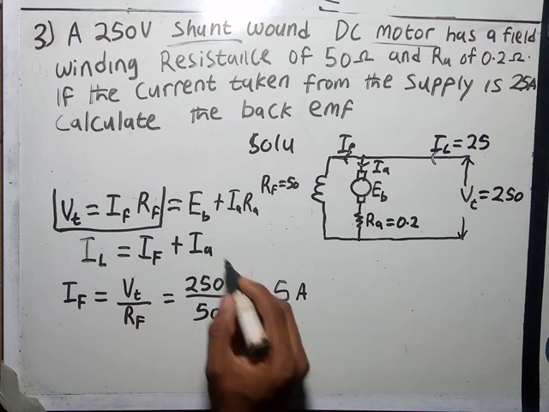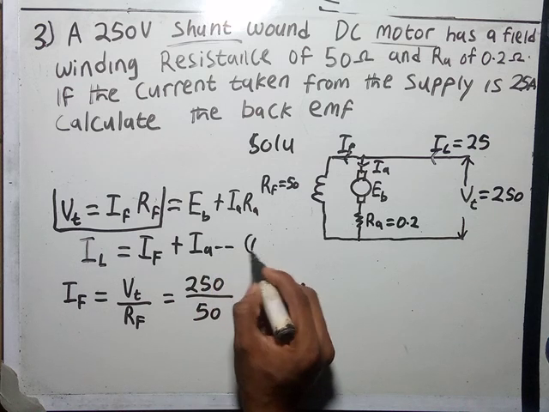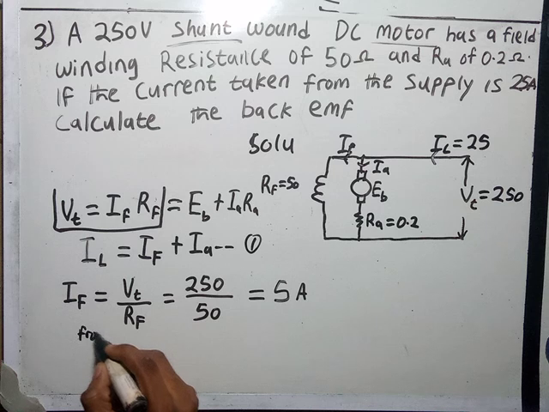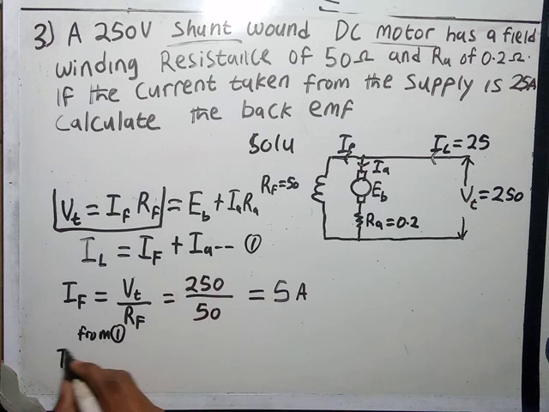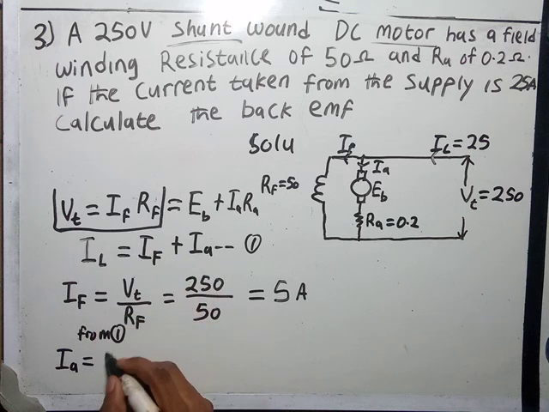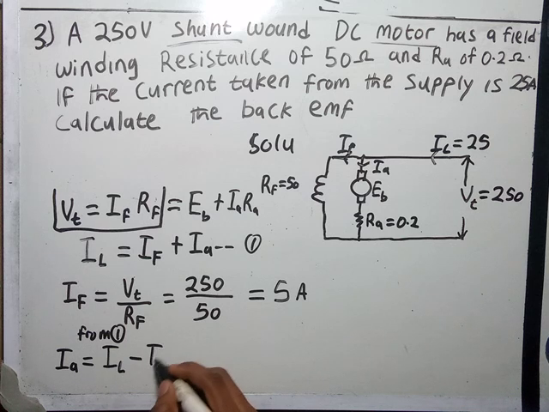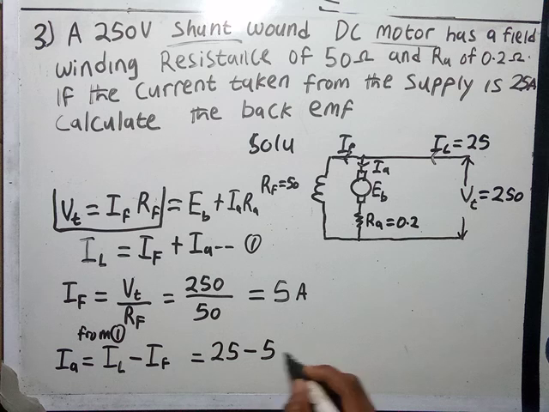So from here, let us call this I. From I we have that IA is equal to IL minus IF, and we know this to be 25 and the other to be 5.